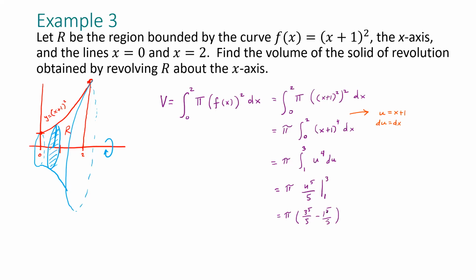So 3 to the power of 5, what is that? I think that would be 243. So we would have 242 over 5.